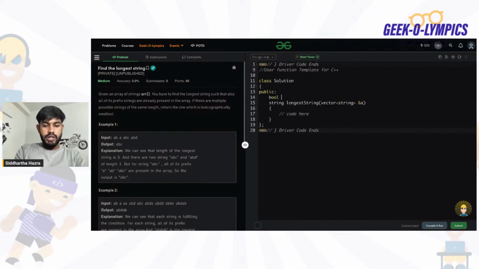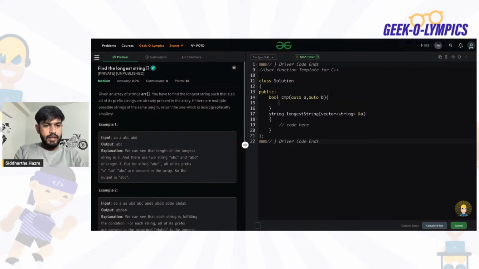Bool cmp, taking two strings, auto A comma auto B. If the size is not the same, return the larger size, so that XYZ would be ranking above. If the size is more, ABC would come before A. So first we are prioritizing on the size. ABC comes here, remember this.